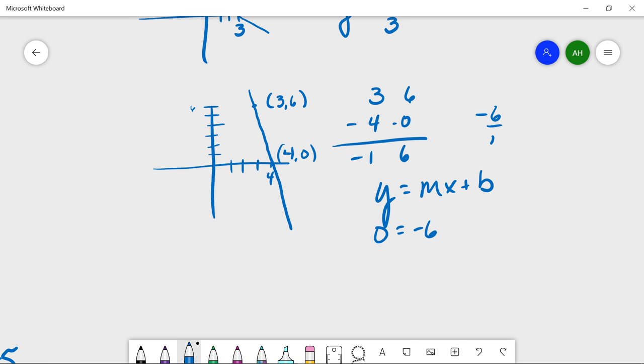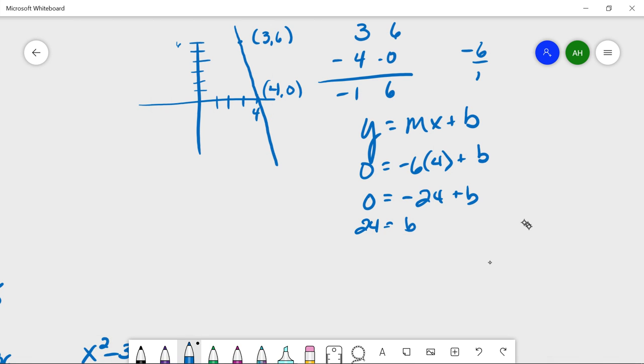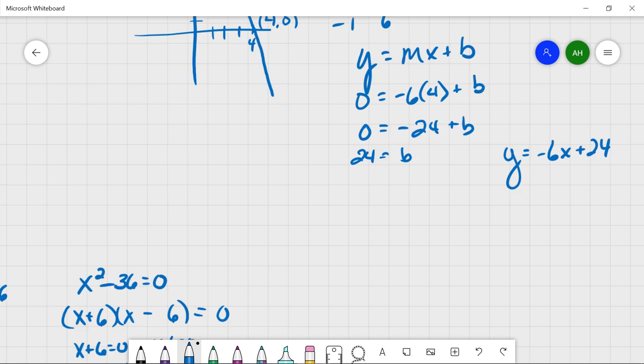For the x, I can plug in a 4, and I'm going to solve for b. So 0 equals -24 plus b, and so b equals 24. So the equation for this line is going to be y equals -6x plus 24. Okay? All right, let's look at another one real quick.